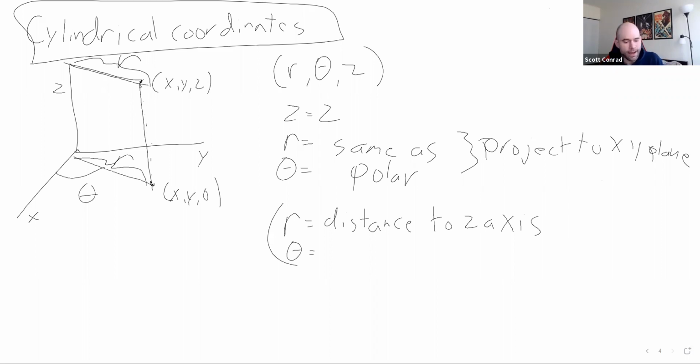And theta, I like to think of a half plane going through the z-axis. I like to think of the positive x-axis as being theta equals 0, and then rotating around counterclockwise.